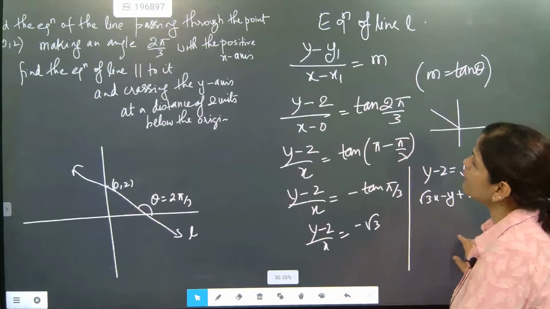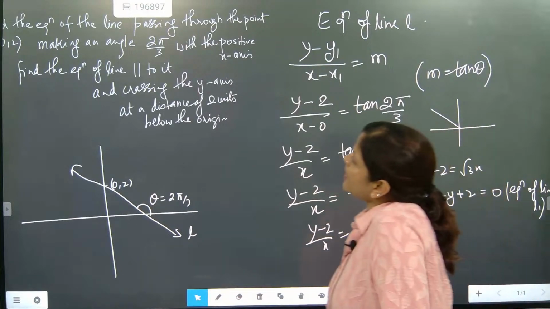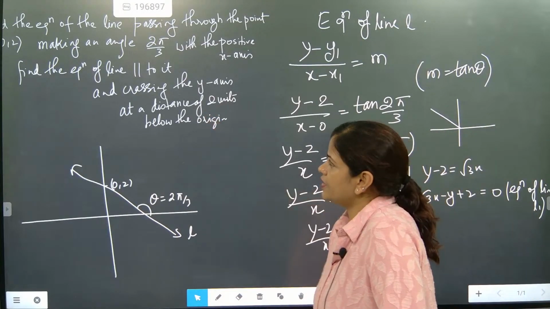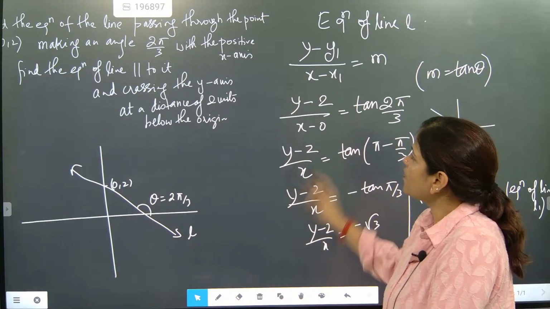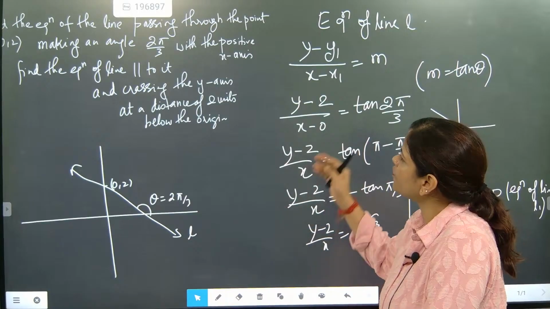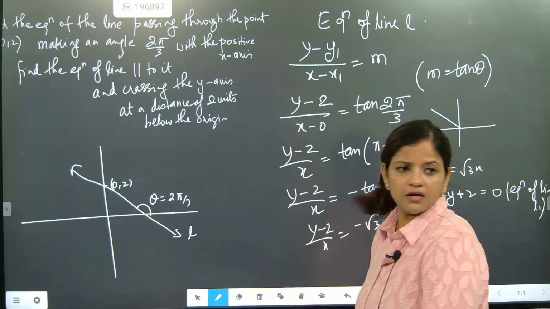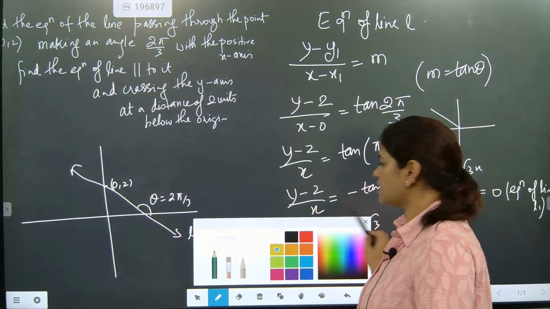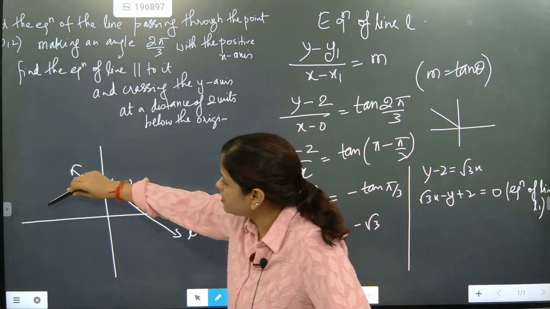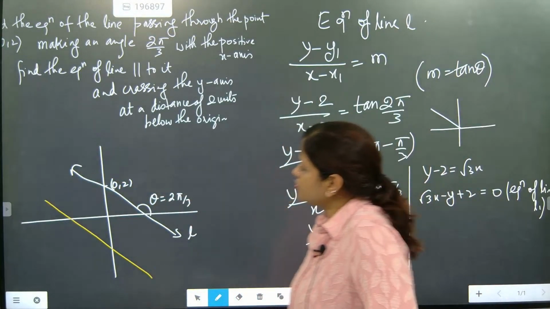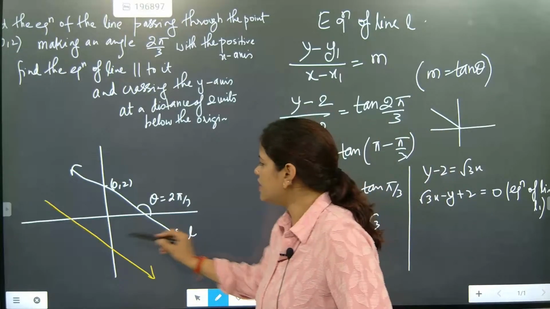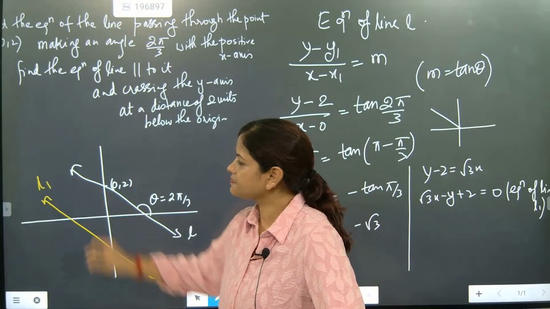Now what we have to do is find the equation of a line parallel to it, and crossing the y-axis at a distance of 2 units below the origin. So one more line is there. Nishika, you are understanding? One more line is there which is parallel to this line L. So let the line be L1.